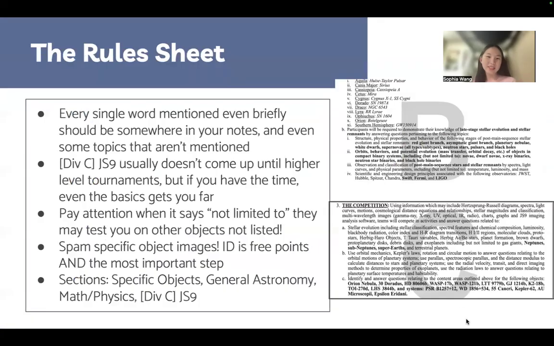So first, the rules sheet. I want to emphasize that every single word mentioned, even briefly, should be somewhere in your notes, and even some topics that aren't mentioned. For example, you look at this and there's a lot of words here. Red giant branch, asymptotic giant branch, planetary nebulae, all of those need to be defined in your notes. Because I know this seems sort of obvious, because if they're on the topic list, you need to take notes on them, right?